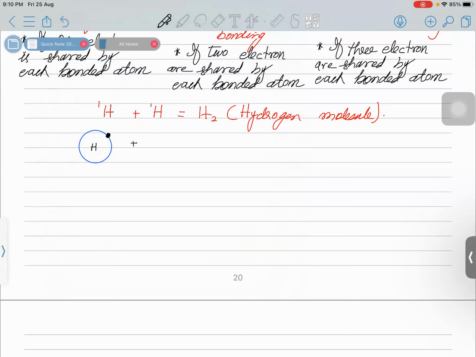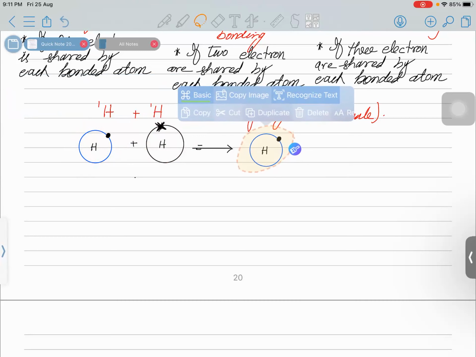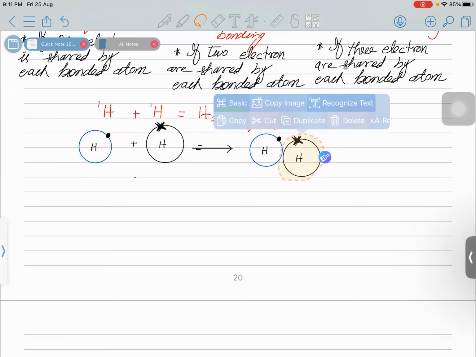Similarly, another hydrogen atom with the cross electron. When these two combine, a molecule is formed. Look at this one.